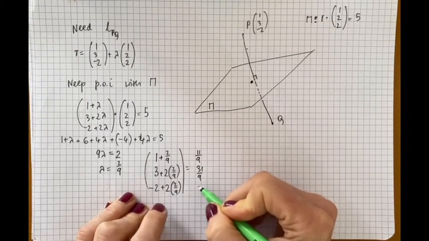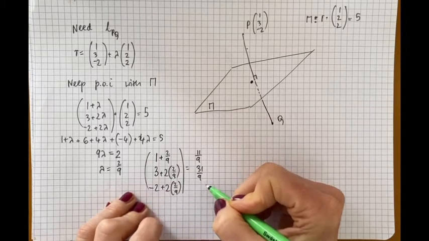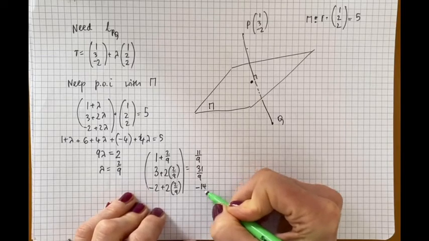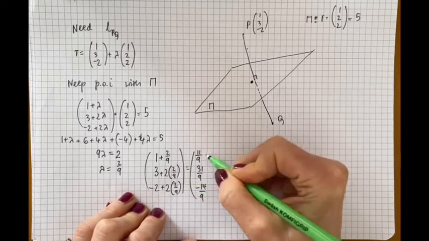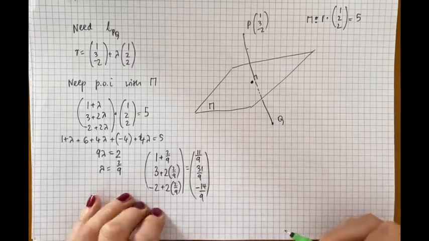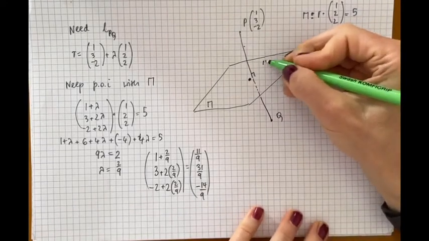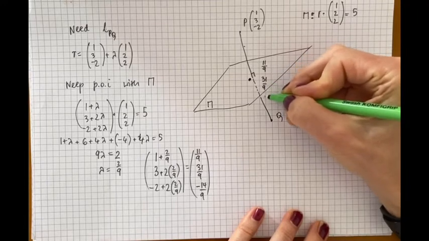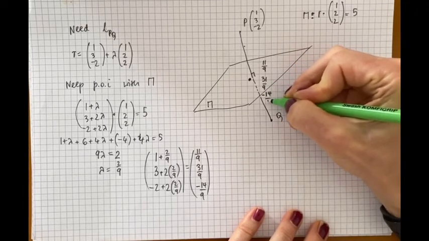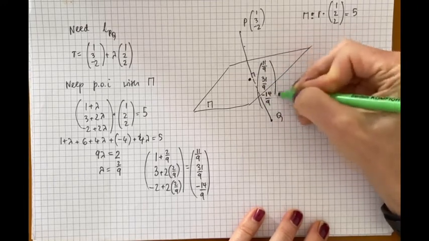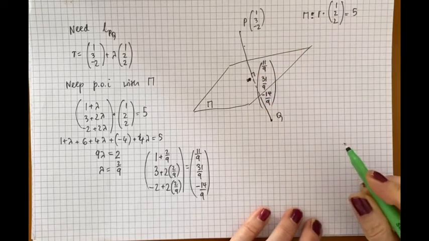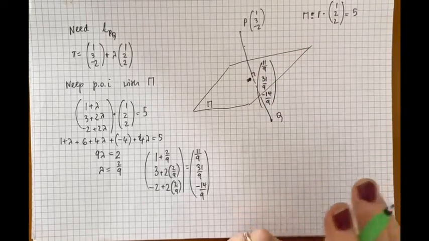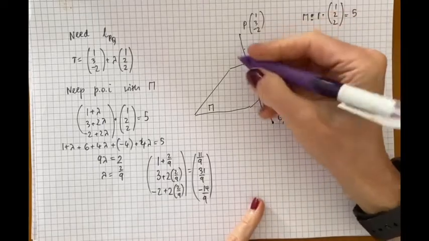And this one is going to be minus 18 plus 4, so it's minus 14/9. Okay, so it's 11/9, 31/9, and minus 14/9. So that was this point here. Let's call that point A, actually.